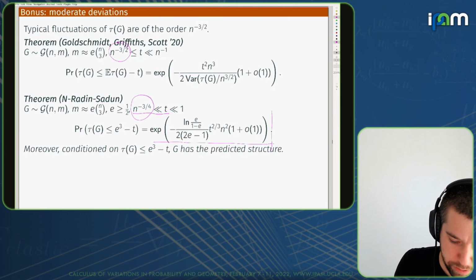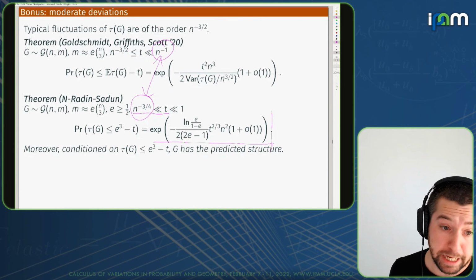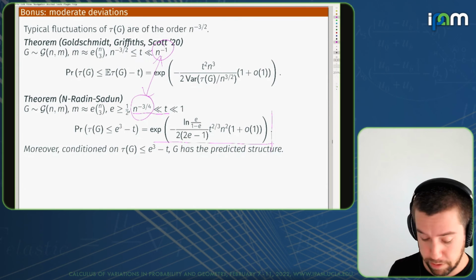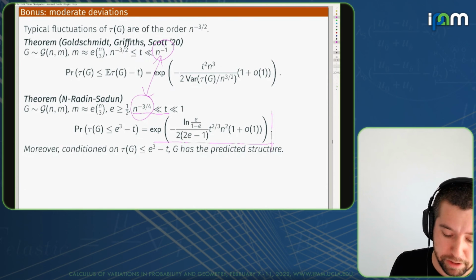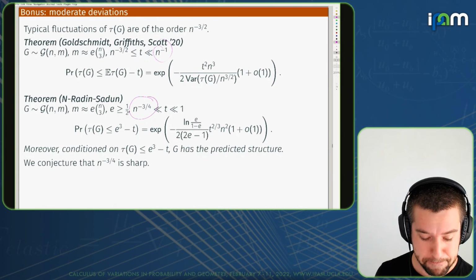There's a gap between these two exponents, and we don't know what happens in the gap, but it would be natural to guess that one of these two rates is the right rate. We conjecture that our bound is sharp and that theirs is not, but to be honest, I don't have great evidence for that.